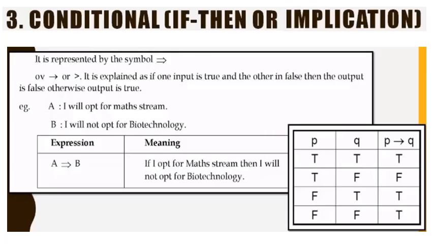It is explained as: if one input is true, that is, if the left hand side is true and the right hand side is false, the result is false. Otherwise, the result is true.